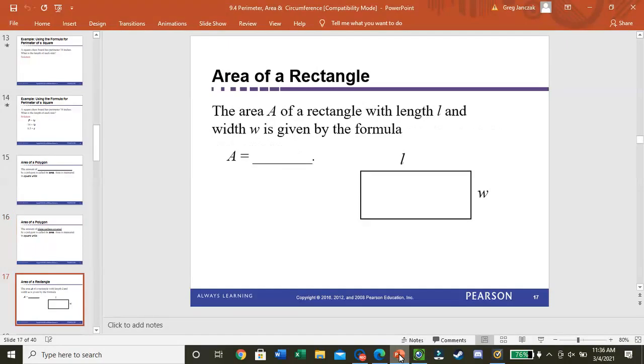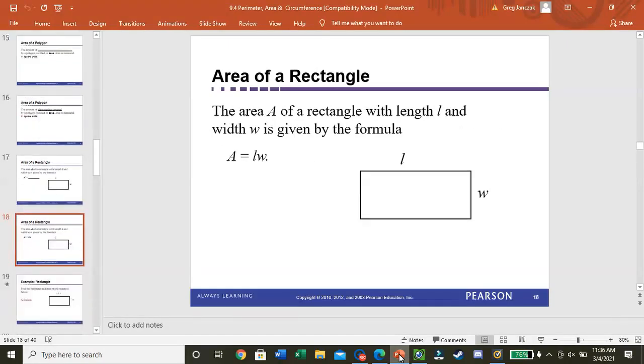All right. So area of a rectangle is length times width. So we covered perimeter, and now area. And so we said that the area of a rectangle is the length times the width.